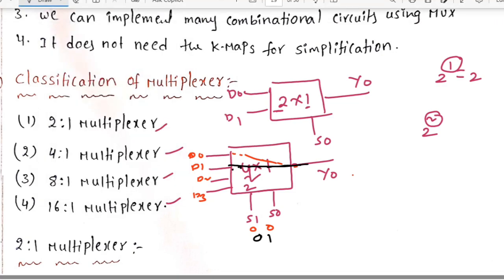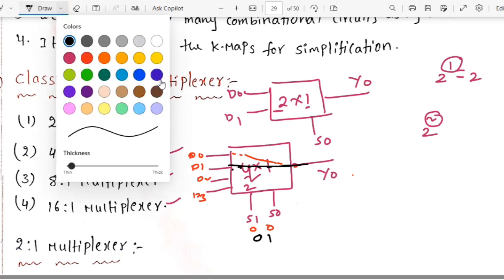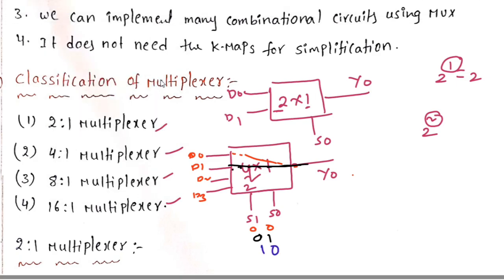When the selection lines are 1, 0, D2 will be connected to the output. And when the selection lines are 1, 1, D3 will be connected to the output. At any time, only one input will be connected to the output side. The remaining 3 are not selected.